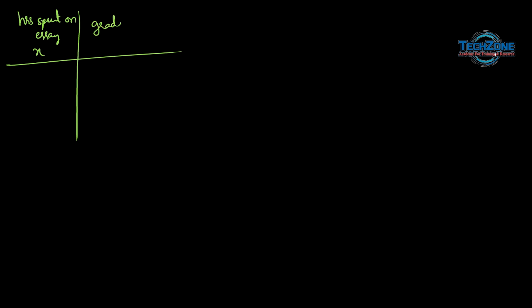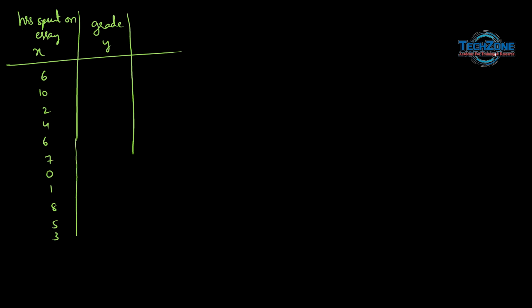All right, now I'll take a data set. Let us find the values of m and c now. Let us say this is hours spent on an essay, the x values, and grades, let us say these are the y values. So 6, 10, 2, 4, 6, 7, 0, 1, 8, 5, 3.